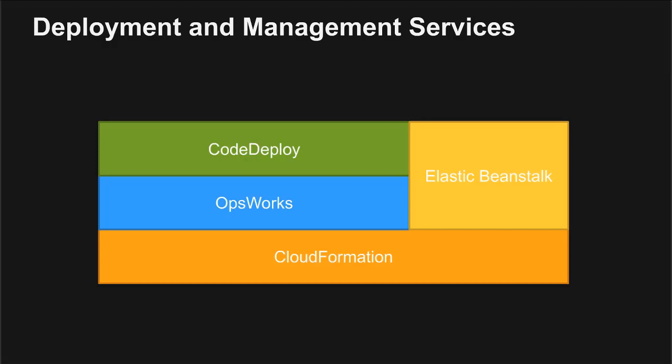Elastic Beanstalk handles provisioning your infrastructure and also deploying your code onto that infrastructure. And CloudFormation can actually work with all three of these services. CloudFormation can control CodeDeploy. It can define how your OpsWorks and your Elastic Beanstalk work.